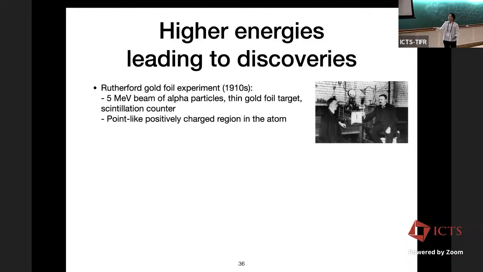He used a scintillator counter. So basically you have some scintillator material, look at the scintillator light that's produced, and count it. From this, he discovered that there is a point-like charged region inside of the atom, the nucleus.